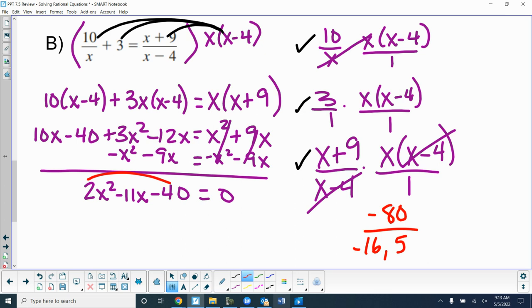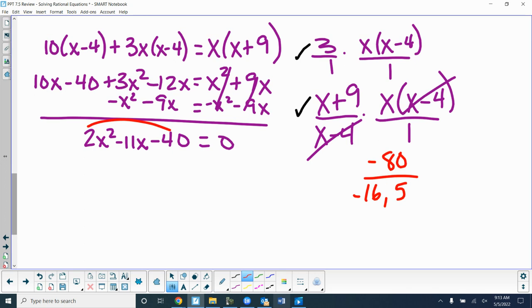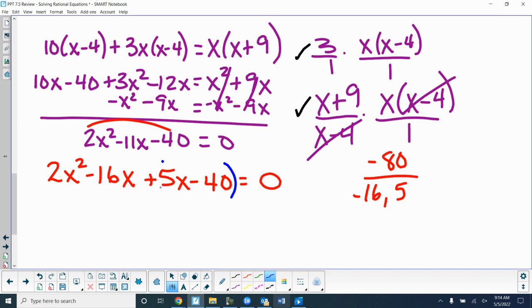So what I do is I rewrite this, or you could also do what, Brock, instead of factor? Quadratic formula. Yeah, you could do the quadratic formula if you want. If you don't like factoring when you got a number 2 or bigger in your quadratic, you could do quadratic formula if you want.